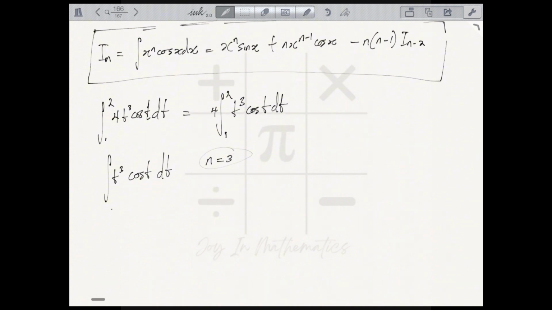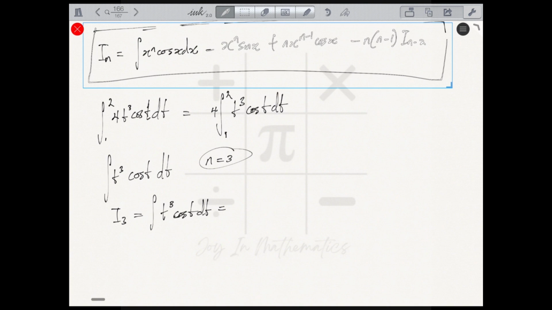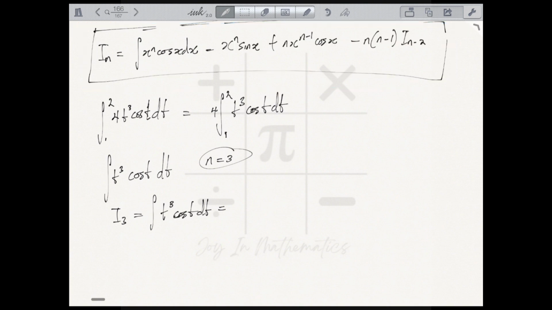So therefore we can say that I_3 is equal to the integral of t^3 cos t dt, which is equal to, so we repeat the same thing we have here, but this time we change the variable from x to t.